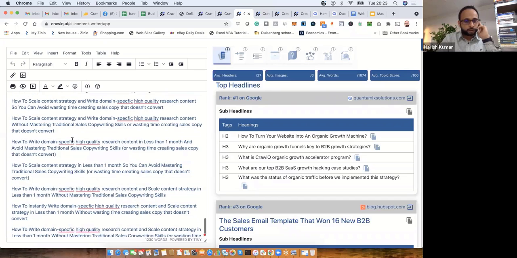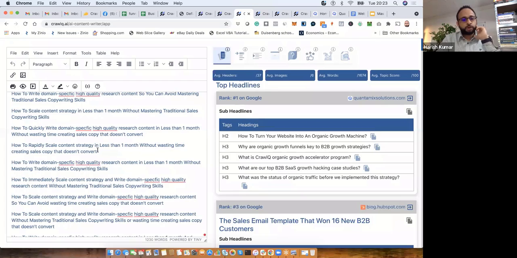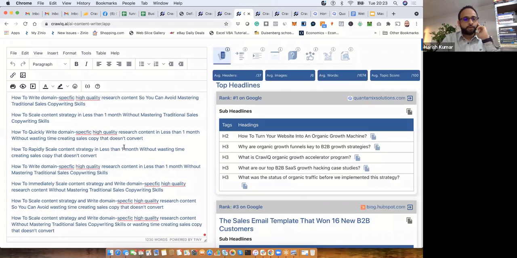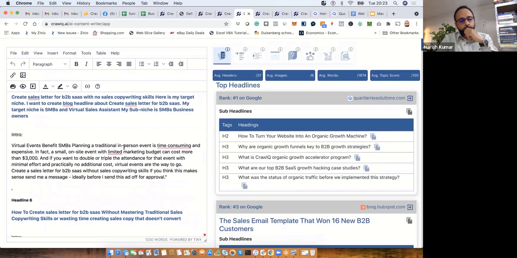All the headlines used here are also here in the beginning, and nowhere did I mention virtual events. I wanted to deliberately show that we are mapping information right from the beginning, so that the hard work you have done initially pays off here.